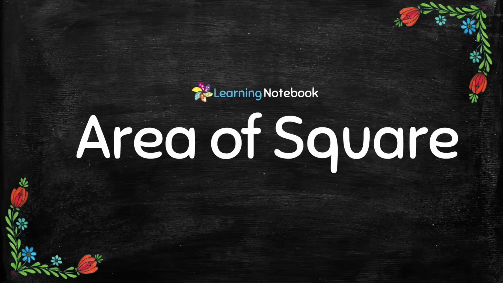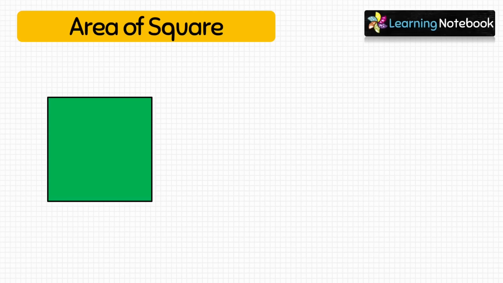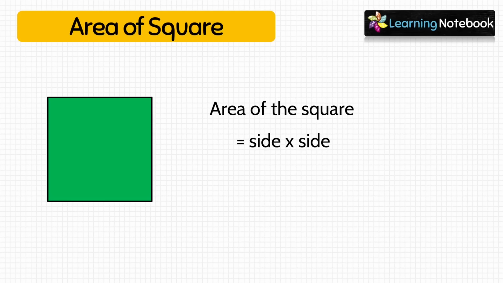Now let's learn about area of square. Now area of a square equals to side into side. So if we are given with length of one side of a square, then we can easily calculate its area.